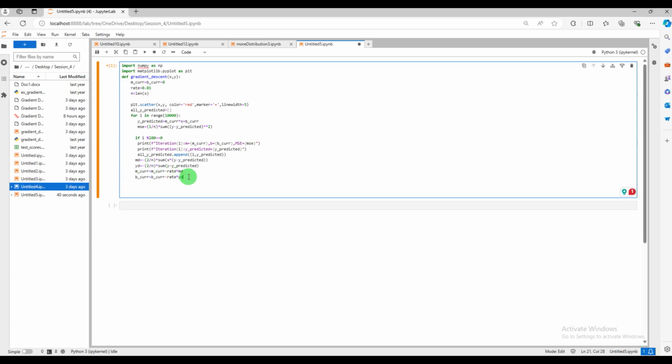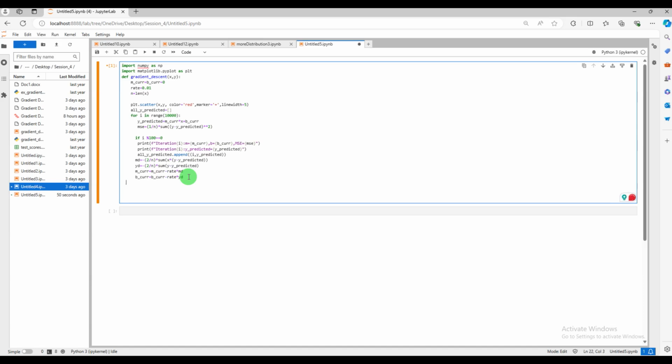Okay, after this one also we need to iterate over each saved iteration and its corresponding predicted y value by this command.